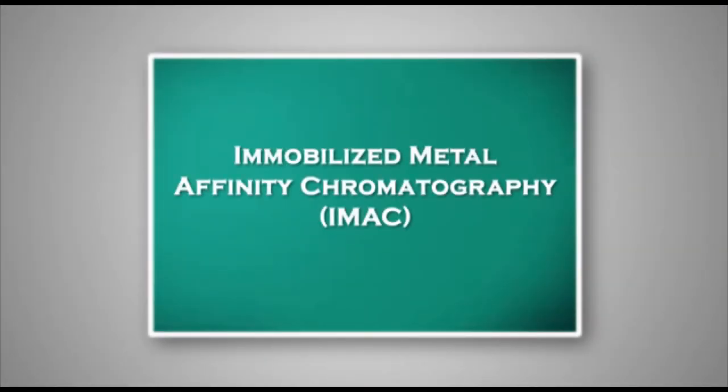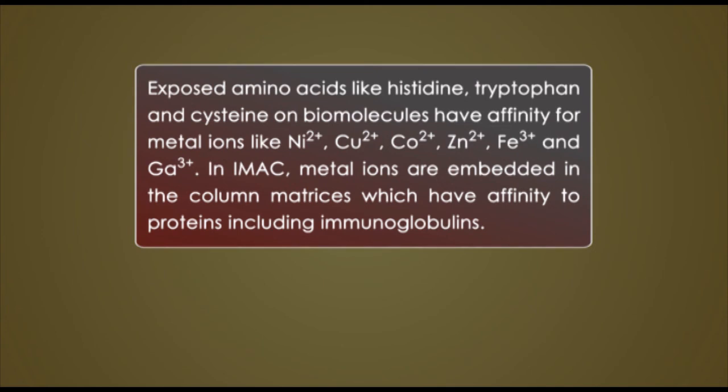Immobilized metal affinity chromatography or IMAC. Exposed amino acids like histidine, tryptophan, and cysteine on biomolecules have affinity for metal ions like nickel, copper, cobalt, zinc, iron, and gallium. In IMAC, metal ions are embedded in the column matrix, which have affinity to proteins including immunoglobulins.